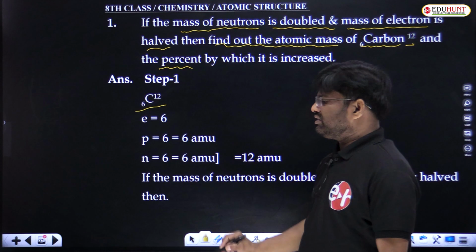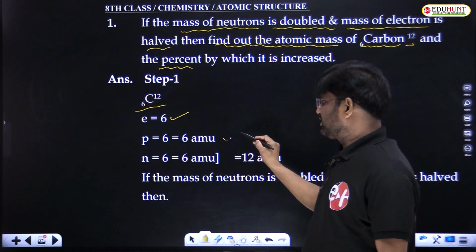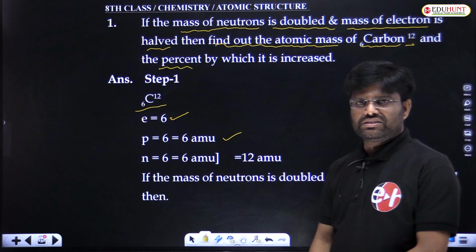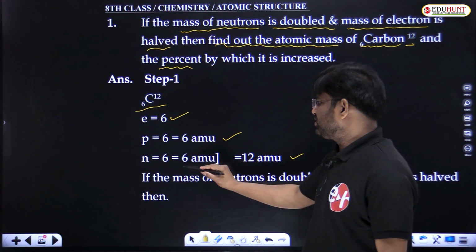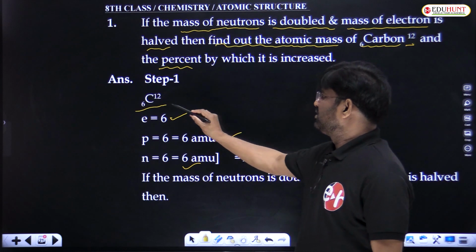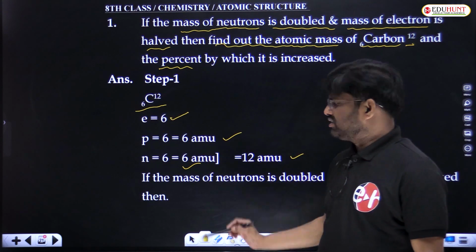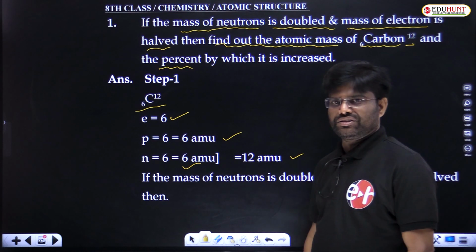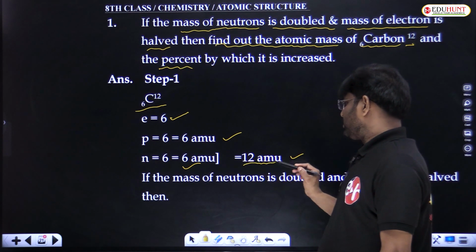Here electrons 6 and protons 6. Next, neutrons: 6, because 12 minus 6.